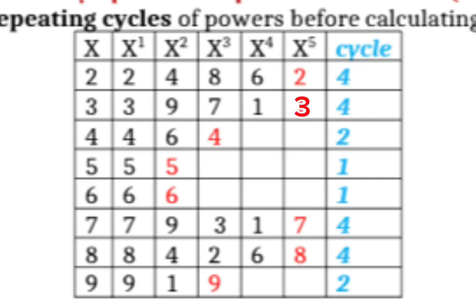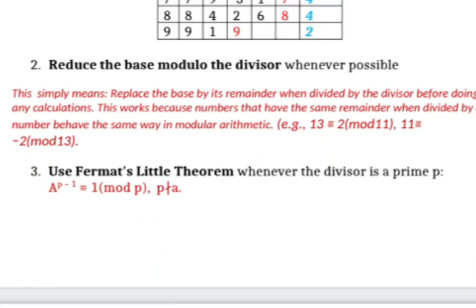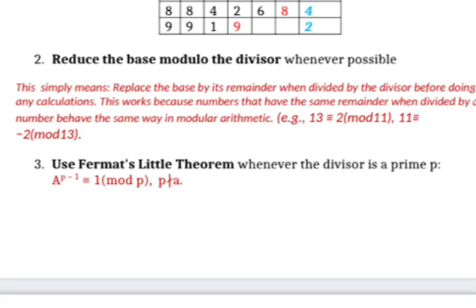So let's take note of this, because that's part of what the examiner is testing you on indirectly. The next principle is to reduce the base modulo the divisor whenever possible. This simply means to replace the base by its remainder when divided by the divisor before doing any calculation. This works because numbers that have the same remainder when divided by a number behave the same way in modular arithmetic.